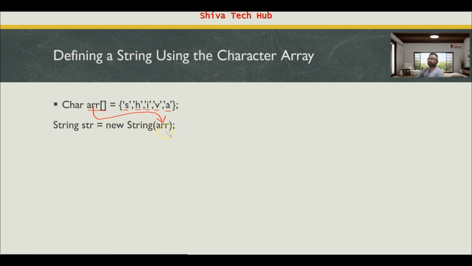What it does is it will automatically convert this character array into a string. So the output will be printed as Shiva. It will print it as a word, not as a character array. So this is the third way of defining a string, by using the character array.